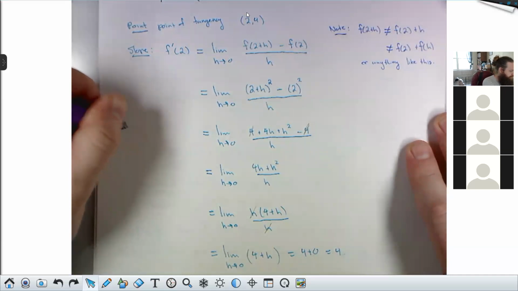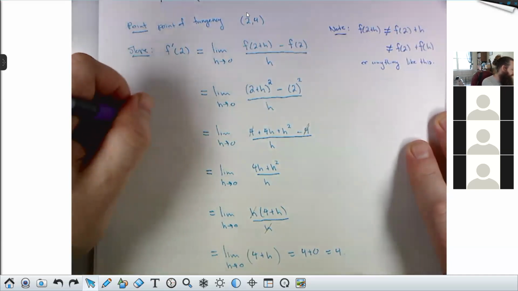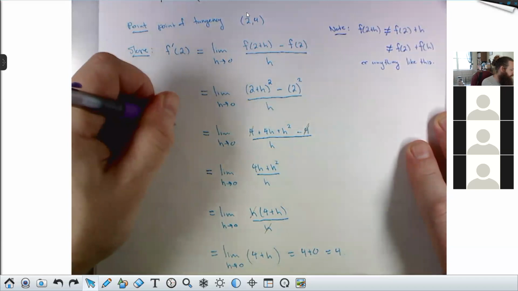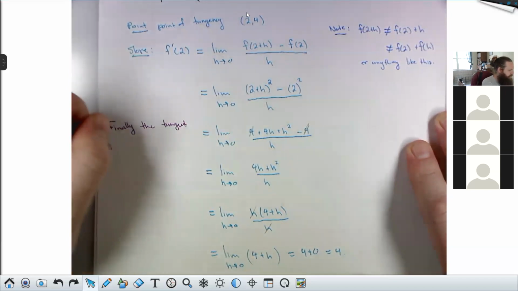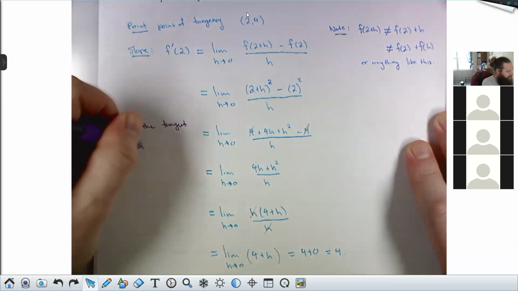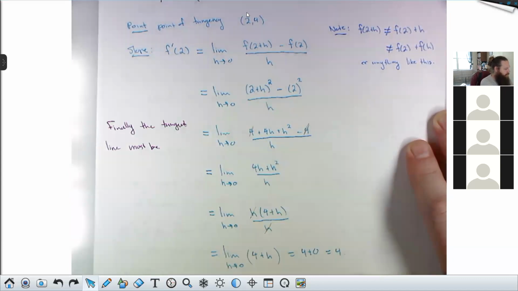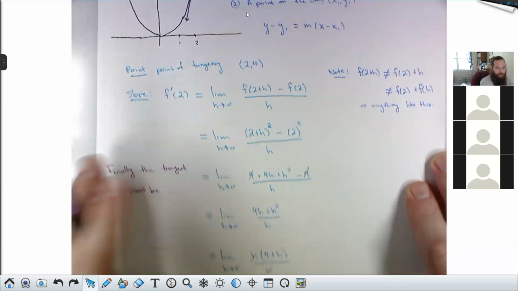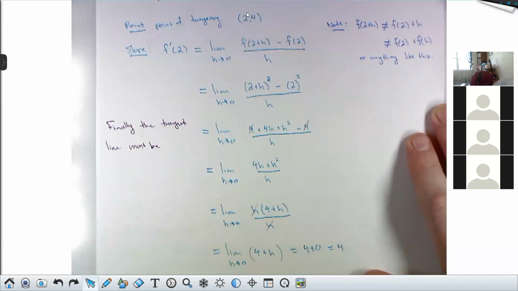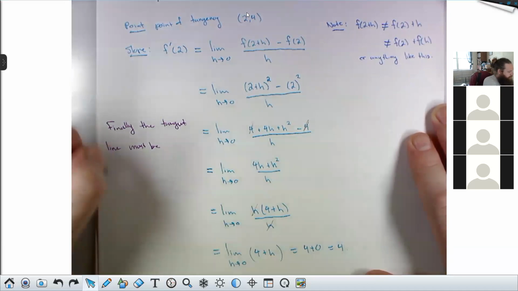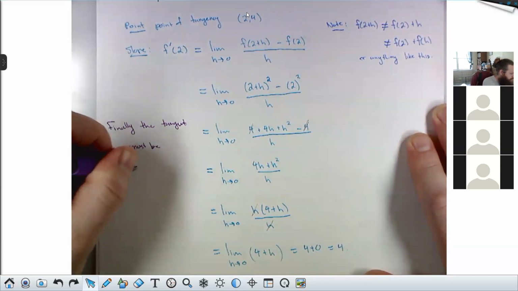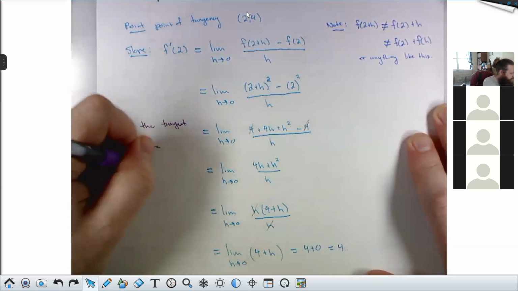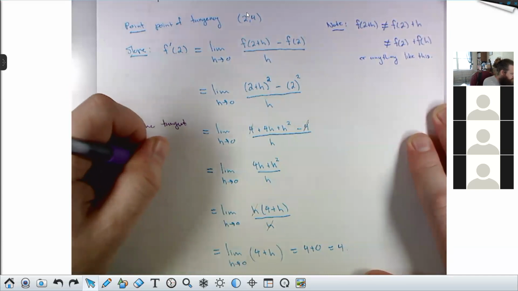So finally, the tangent line must be, I'm just using my point slope form of the line. y minus y1, which is 4, equals the slope, which is 4, times x minus x1, which is 2.